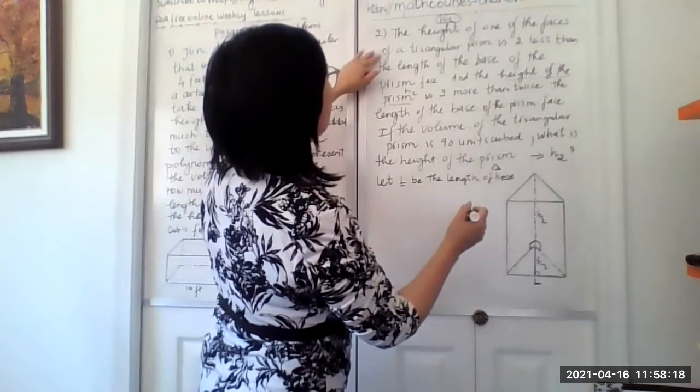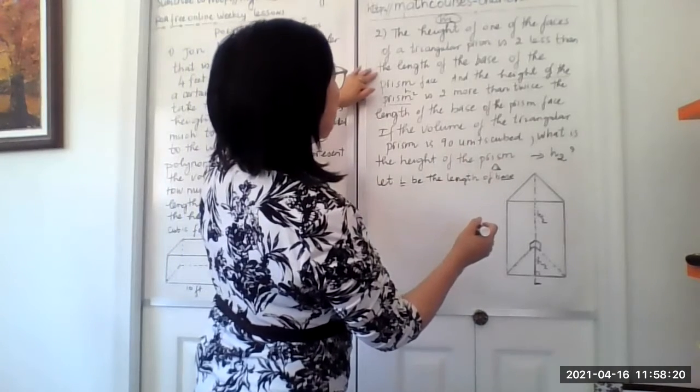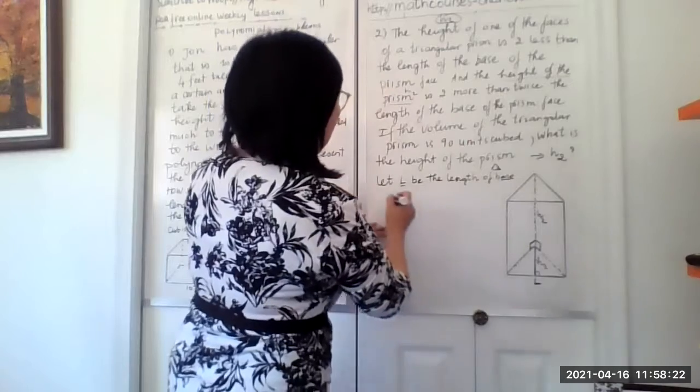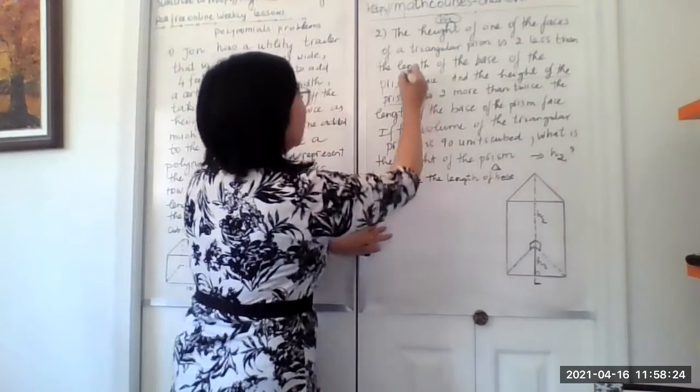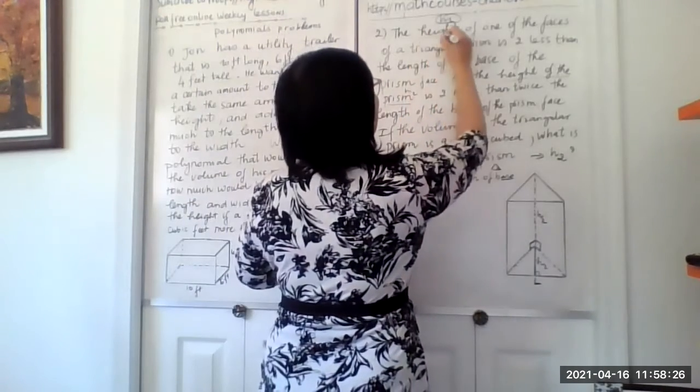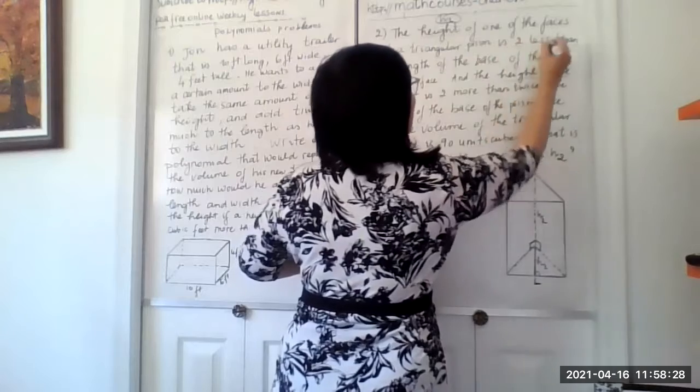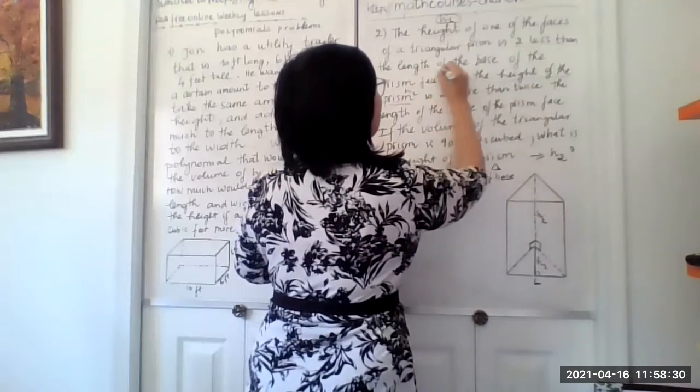The height of one of the faces of the triangular prism is 2 less than. So based on this statement, the height is 2 less than the length of the base.